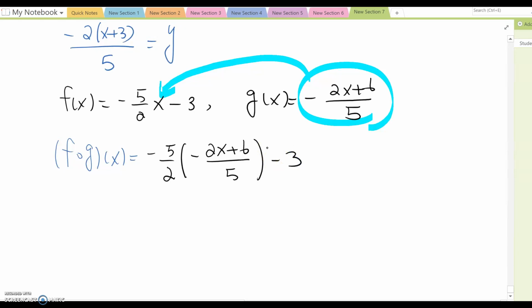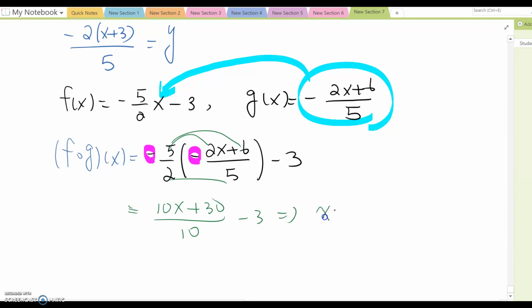Okay, so open the parentheses, which means distribute. Negative and negative become positive, and then this becomes 10x plus 30 over 2 times 5, which is 10, minus 3, which means x plus 3 minus 3, so it becomes x. As you see, we got x here, so they are inverse functions.